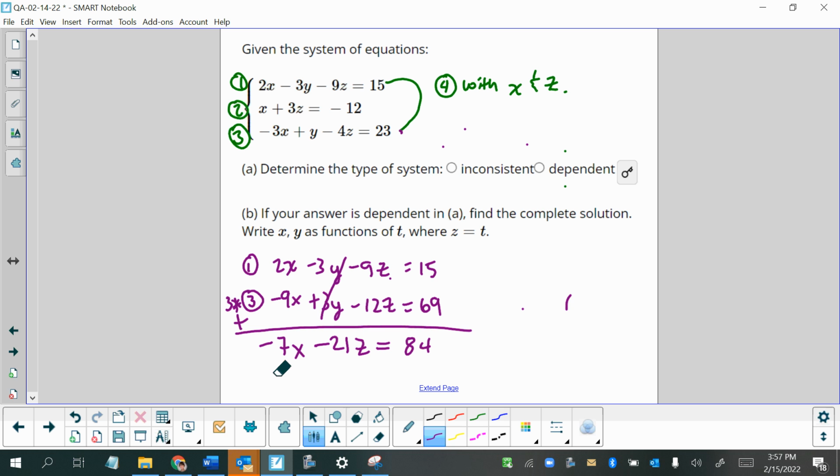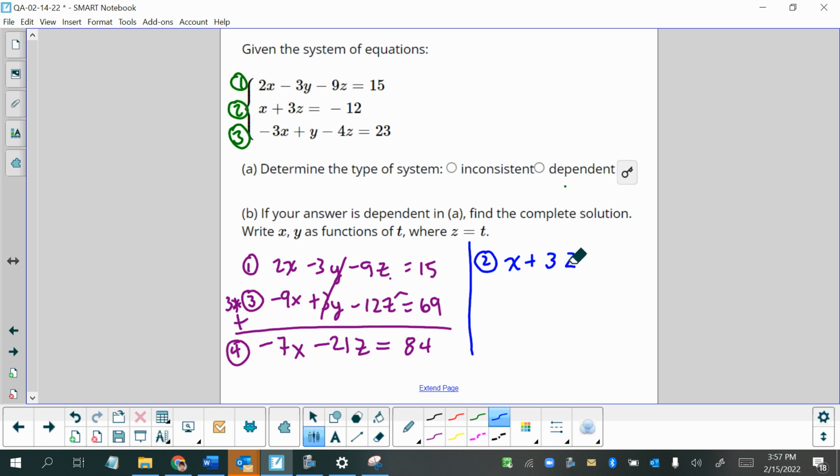All right, so now I have a fourth equation, and I'm going to use that along with my second equation to eliminate another variable. The second equation is x plus 3z equals negative 12, and the fourth equation is negative 7x minus 21z equals 84.